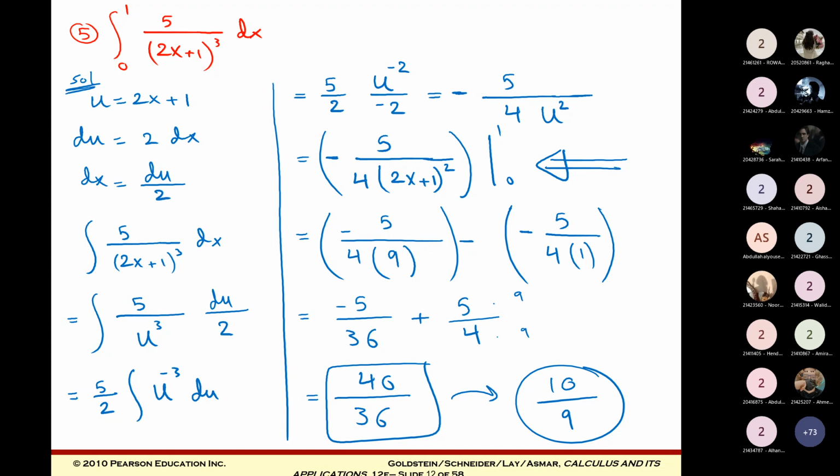Okay. Another technique, we have integration by parts.